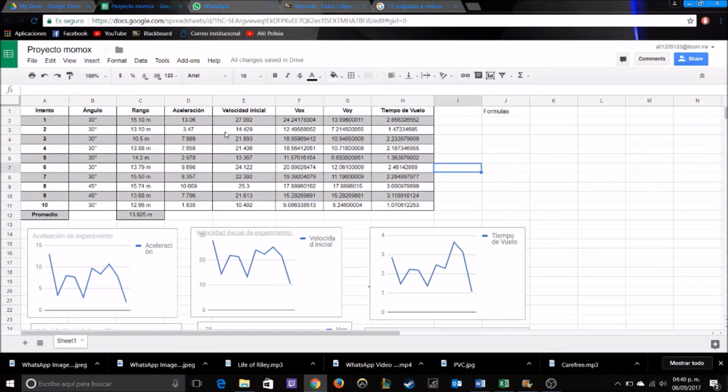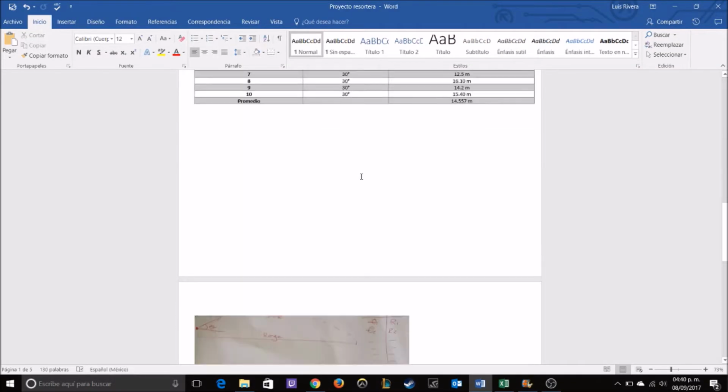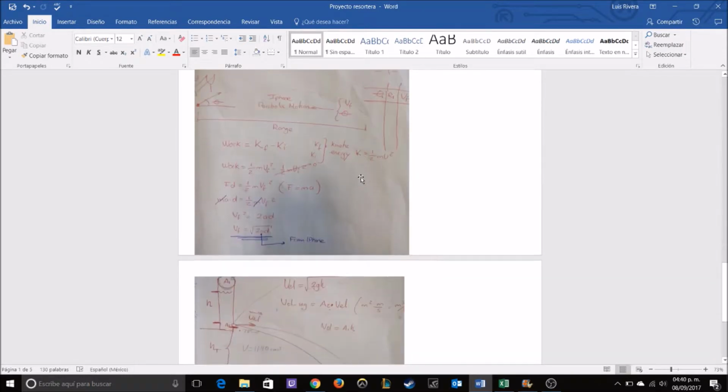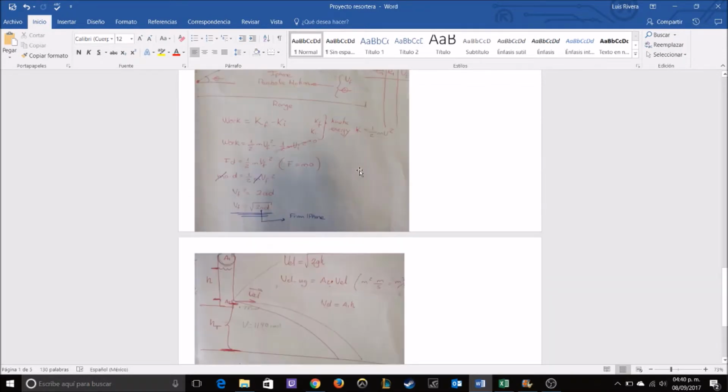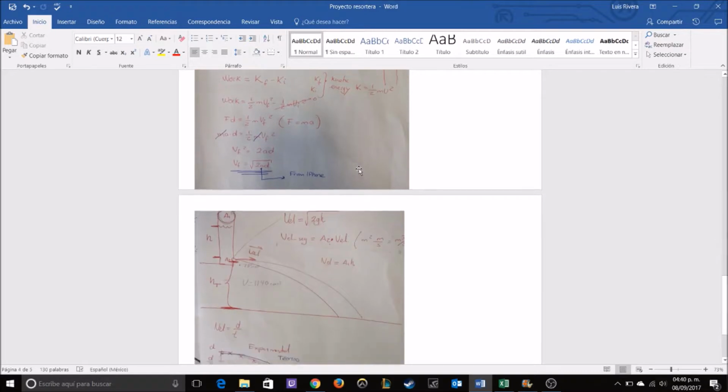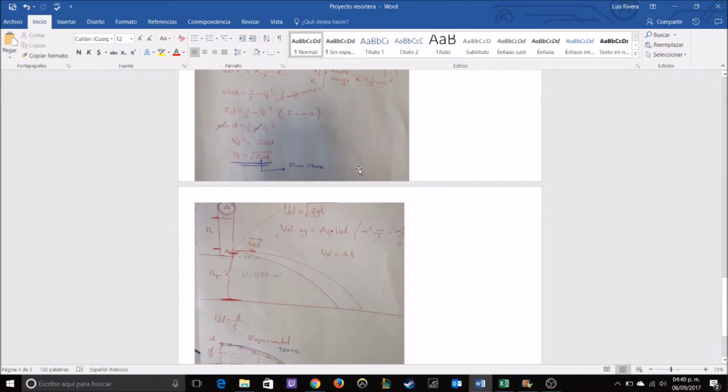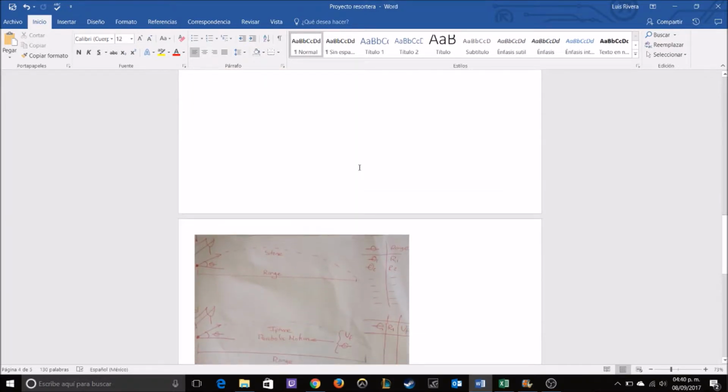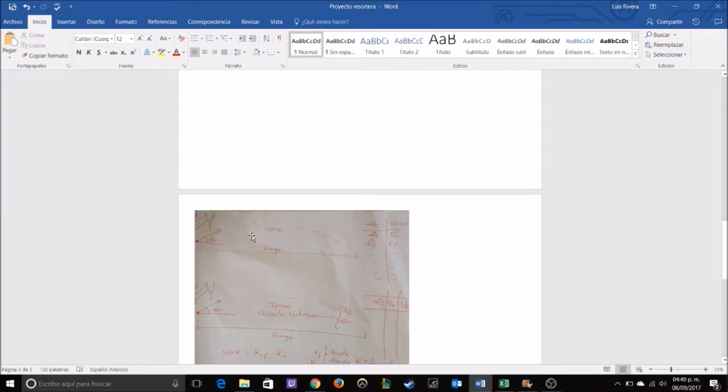So you can say that, as it's pictured in here, the initial velocity in the x component will always go in this one.